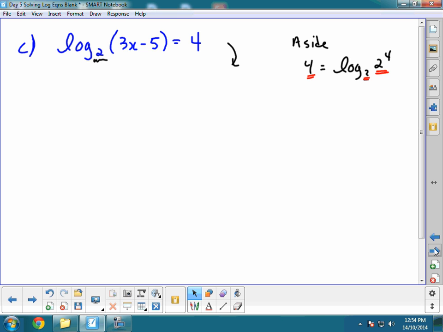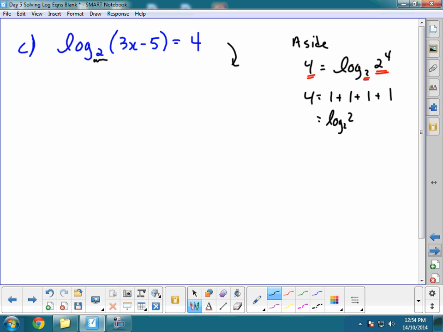You could also consider 4 to be 1 plus 1 plus 1 plus 1 and do a whole bunch of log 2 base 2. This one changes to log 2 base 2, this one changes to log 2 base 2, and so on. You'd have a total of 4 of them. So it would be 4 log 2 base 2.